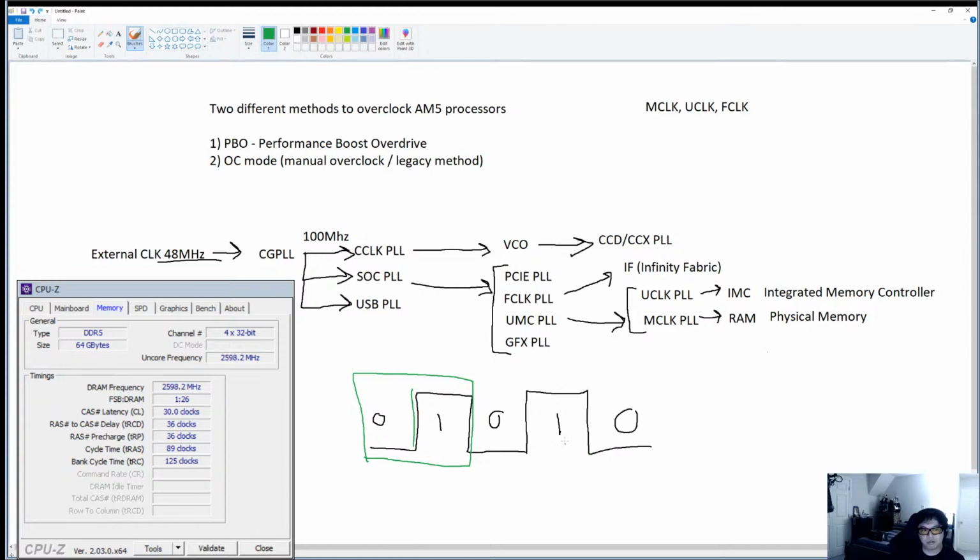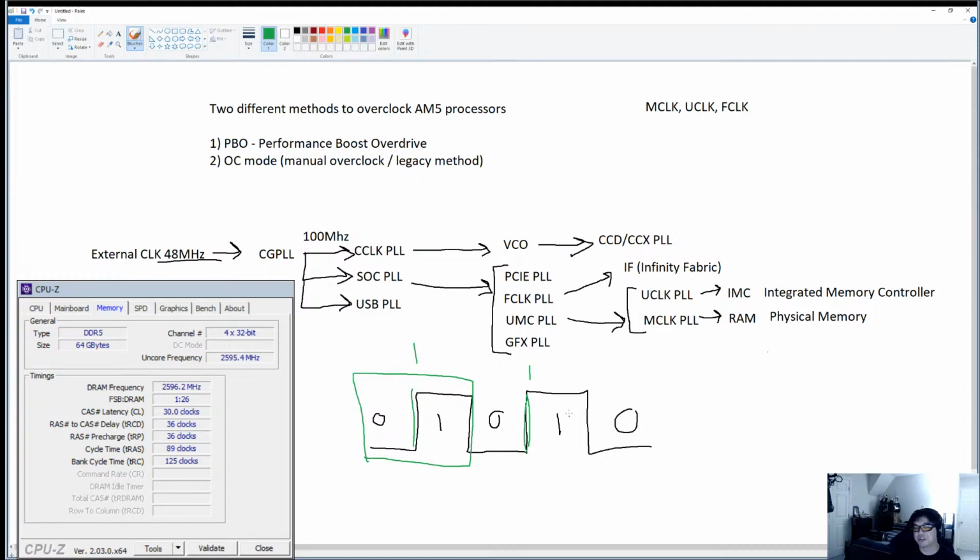So if I do one command every cycle, that means right here on the rising edge, I have one command. And then right here on this next rising edge, I have another command. So that means I have two commands, or one command per clock cycle.